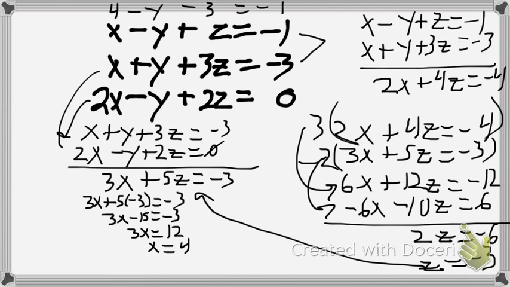So we can plug those back in to any of the original equations. So we have 4 minus y minus 3 equals negative 1. That gives us 1 minus y equals negative 1.